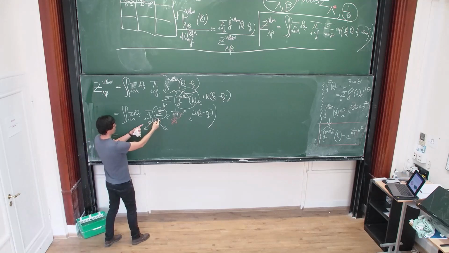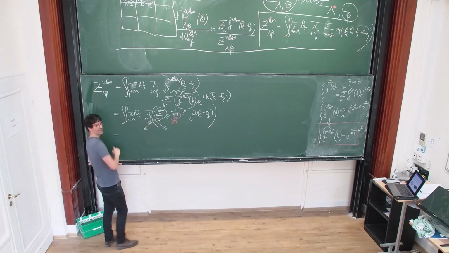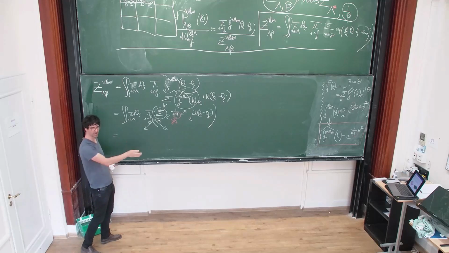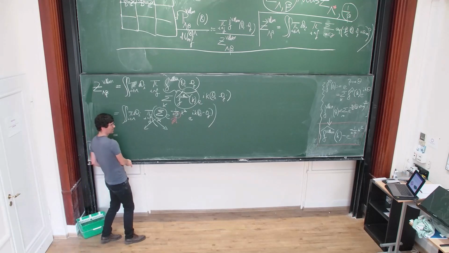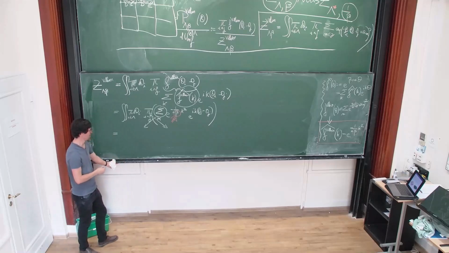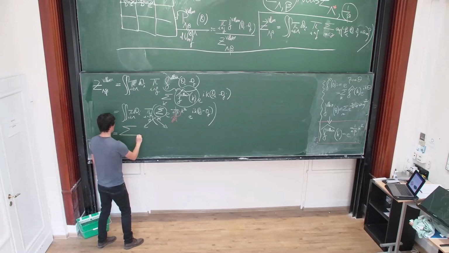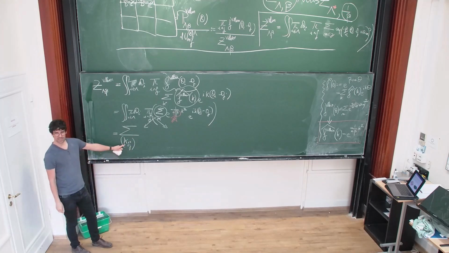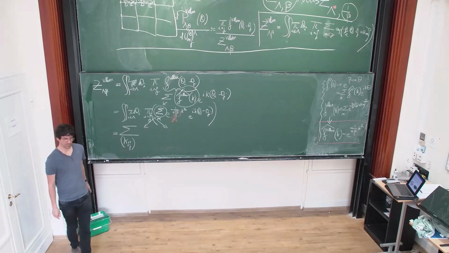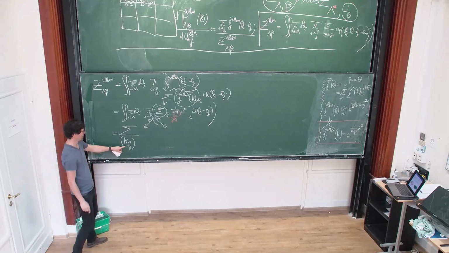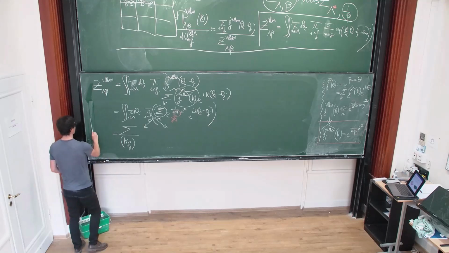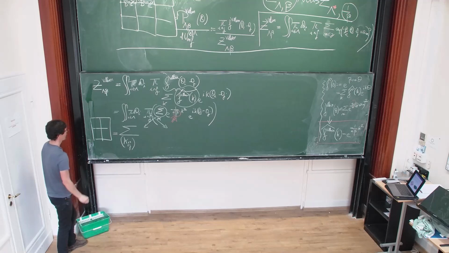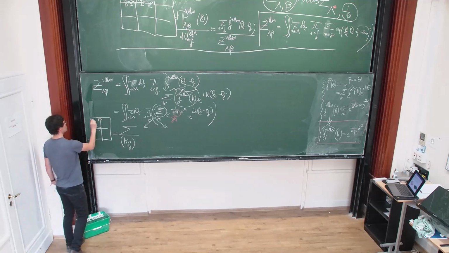So this is now a sum of products, and the sum I can exchange with the integral. Everything is compact, finite. There is no issue of Fubini or anything here. So I have a sum, and now I have integers affected along each edge. There is a slight subtlety here that I don't want to spend too much time on. On my graph, in this sum, for each edge, I will arbitrarily choose an orientation.